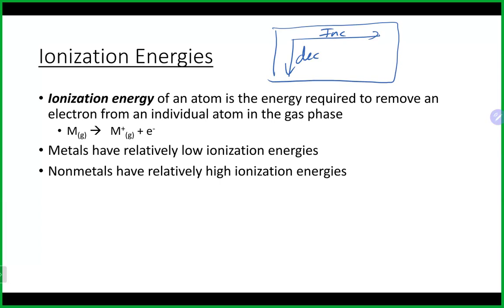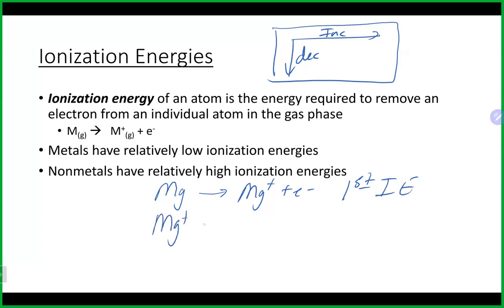Electrons actually come off one at a time. For example, if you look at something like magnesium, the first thing that would happen is magnesium would lose one electron. That is what's sometimes referred to as the first ionization energy. Then magnesium with a +1 will lose a second electron. That's sometimes referred to as the second ionization energy.